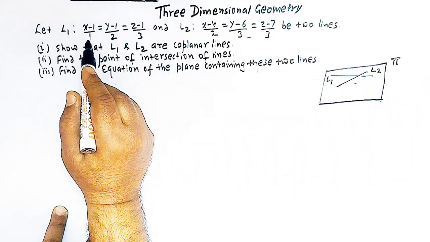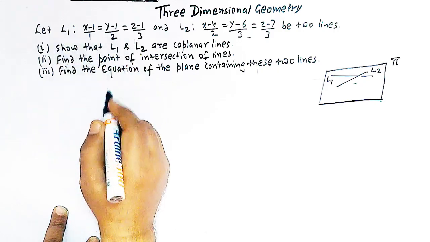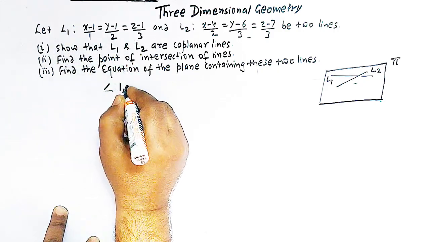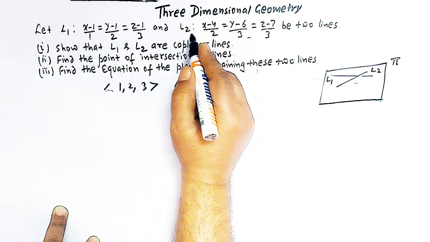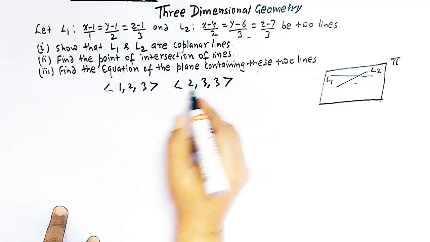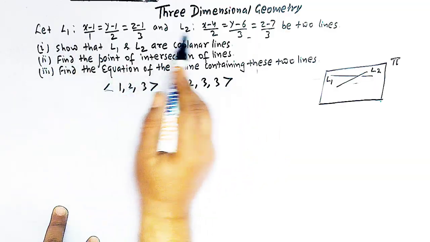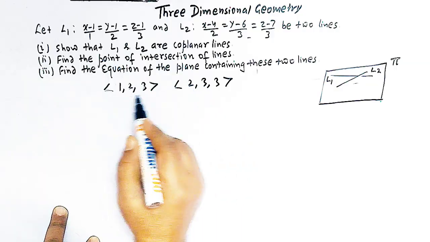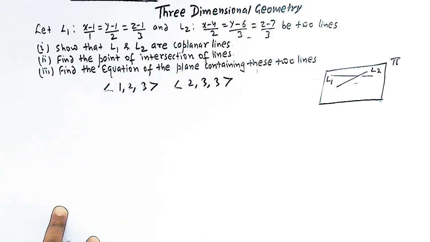Okay, now see here the direction ratios of the line L1 are given by 1, 2 and 3, and the direction ratios of the line L2 are given as 2, 3 and 3. So now if we look at the direction ratios of the two lines, then these two direction ratios are neither equal nor proportional.